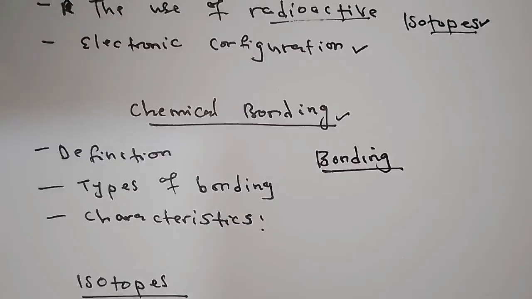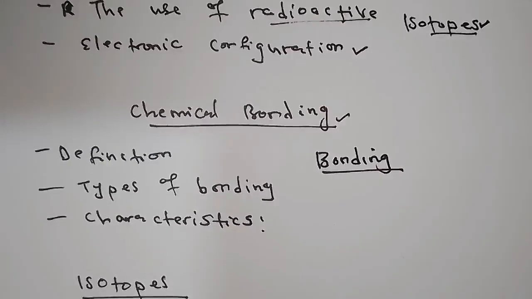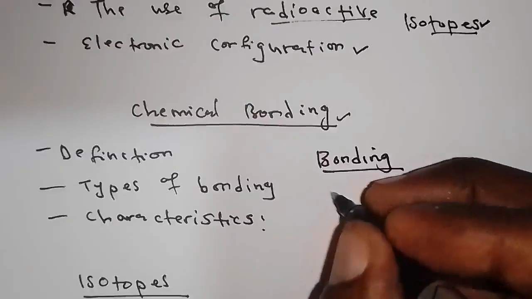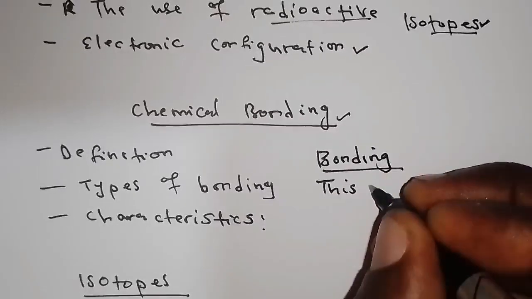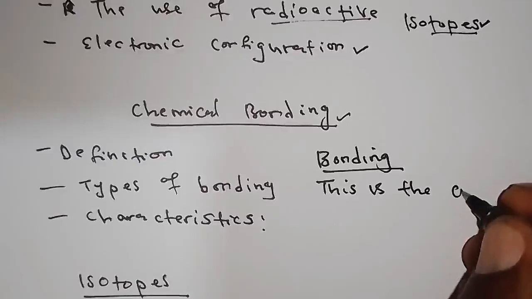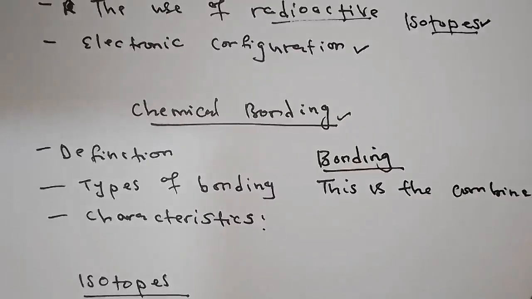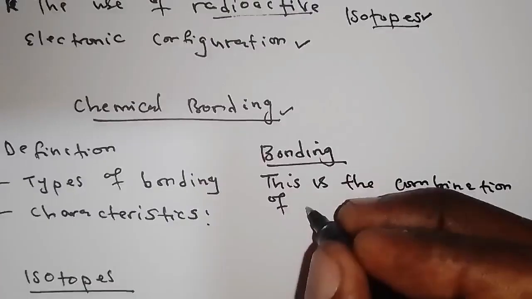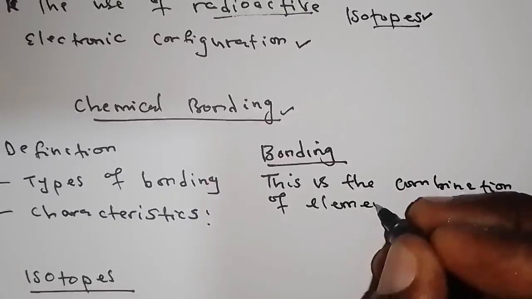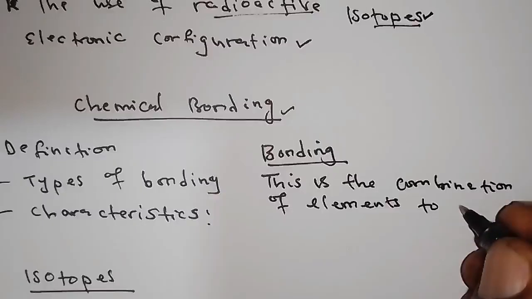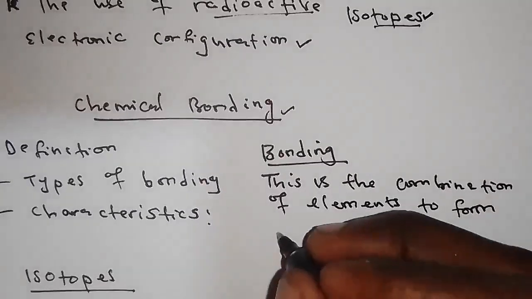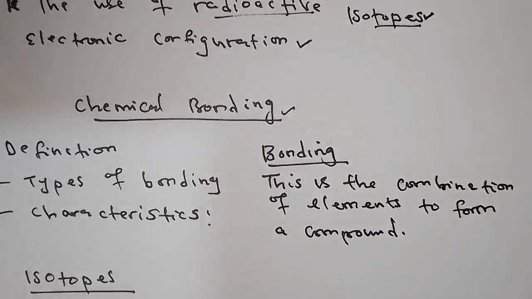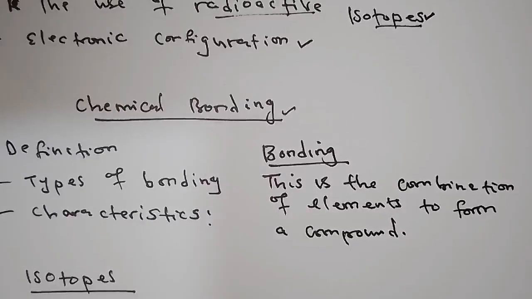Okay, so elements are going to combine together to form a compound. So bonding is the combination of elements to form a compound.